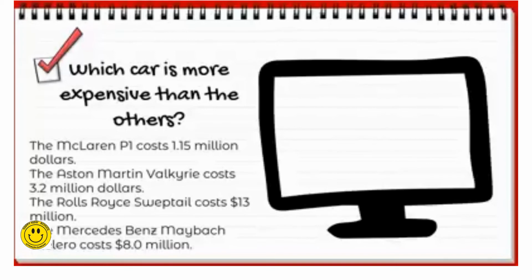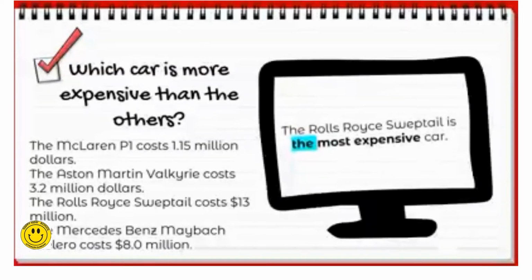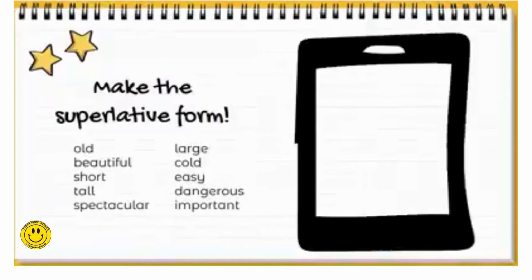And the Mercedes-Benz Maybach, that's right, $8 million. So which car is more expensive than all the others? You're right, the Rolls Royce. So how would we make a sentence with this? You got it. The Rolls Royce Sweptail is the most expensive car.